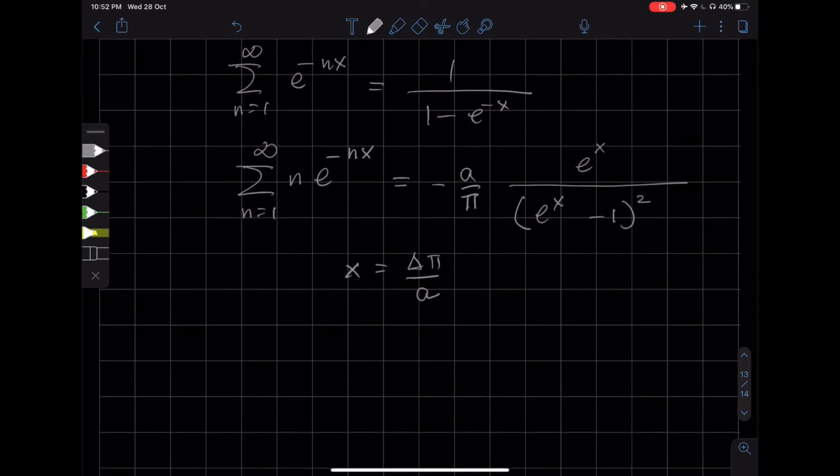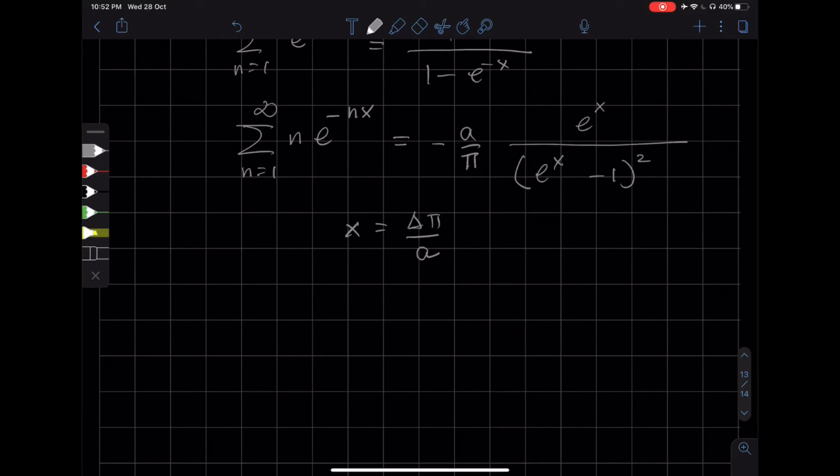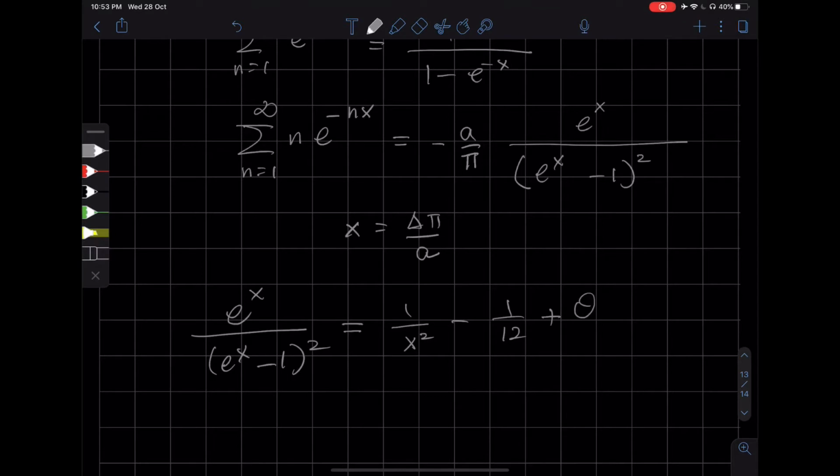Now, what you can do is expand e to the power x divided by e to the x minus 1 squared, to order delta squared. And if you do this carefully, and there are quite a few terms, and it'll be done in the appendix, you find 1 over x squared minus 1 over 12 plus order of x squared terms.